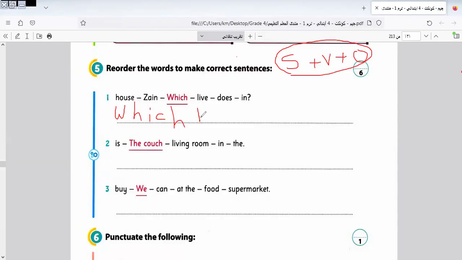Which house does Zain live in? Does Zain live in?